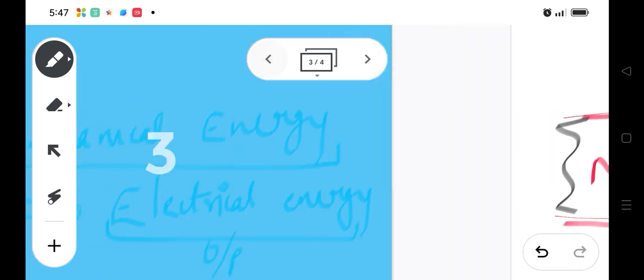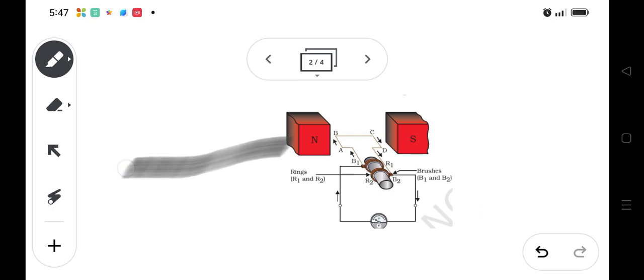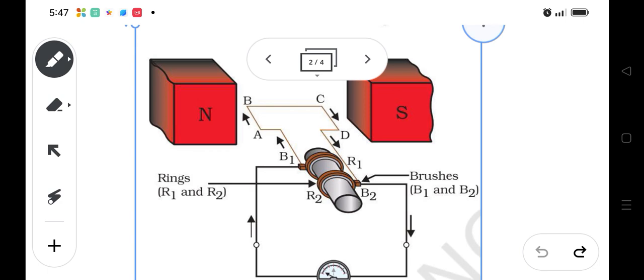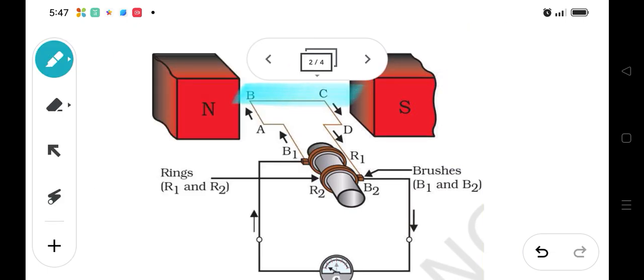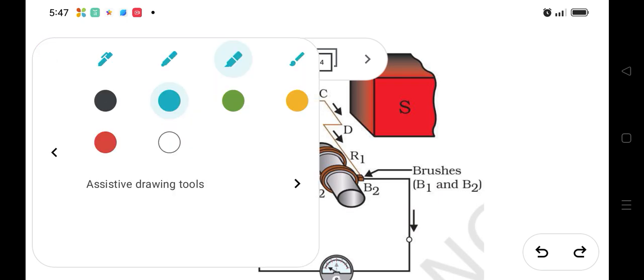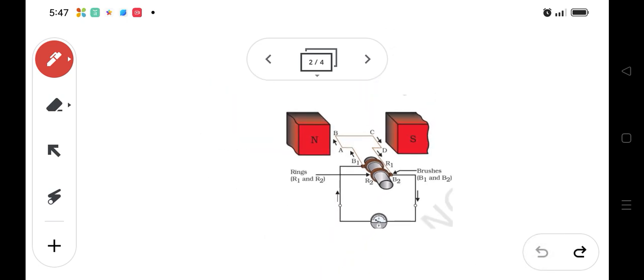Now we can move to that picture again. So this is that picture. When we are rotating, we know that here we have field lines in between, and in this galvanometer, current gets generated in this circuit.